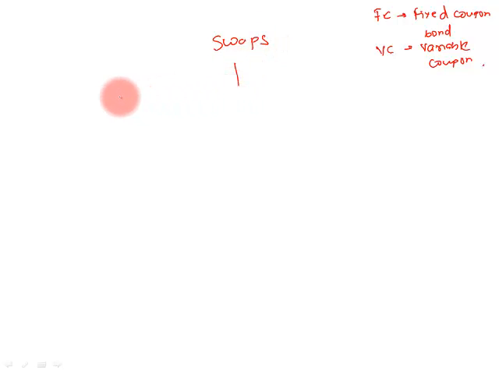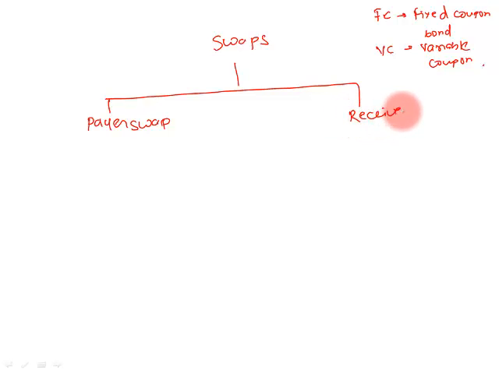So now swaps, either you are a payer swap or you are a receiver swap. When I say payer swap, it means I will pay fixed rate and receive floating or receive variable.